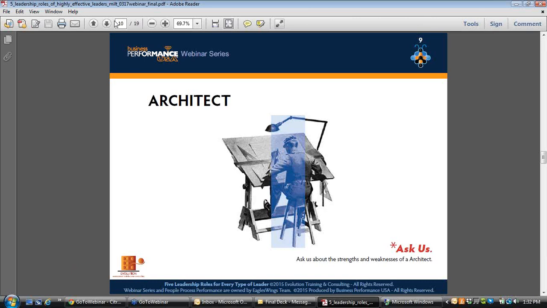Yeah, I agree, Milt. I think the architect leader is the best friend of the trailblazer personality type or role model for leadership. Trailblazers need architects to put the details together, to build the platform, to create the structure and the systems and the entire enterprise environment where the trailblazer's vision is fulfilled.